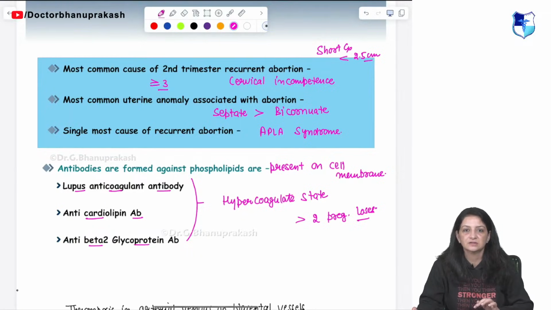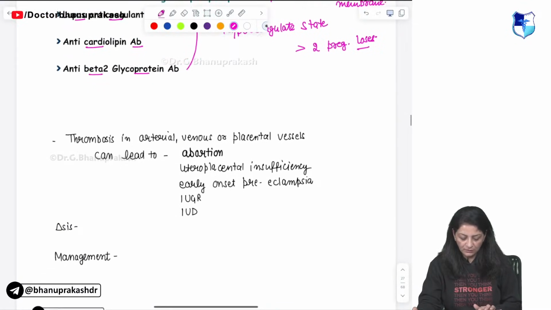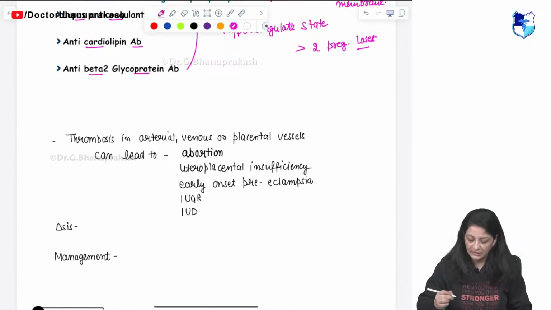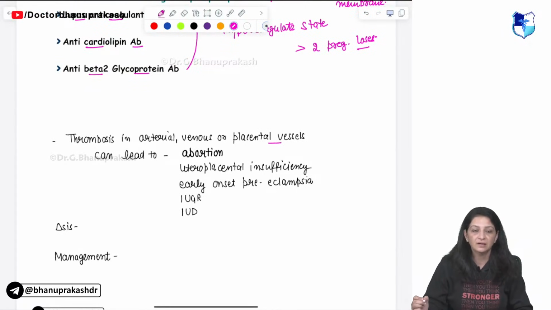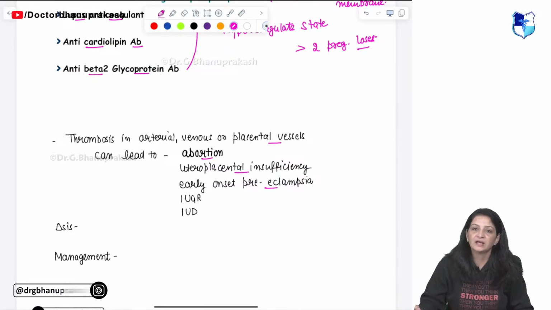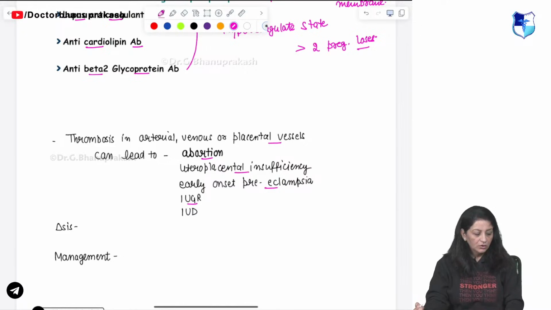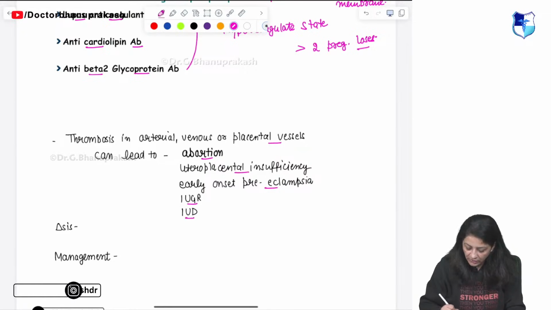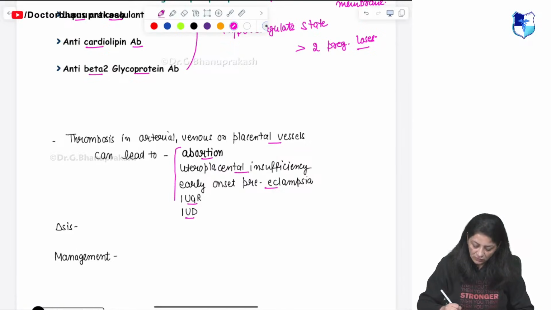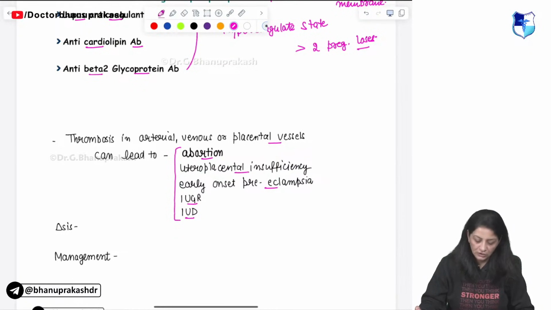Thrombosis in placental vessels, mainly spiral arteries, can lead to abortion in early stage, uteroplacental insufficiency, early onset preeclampsia, IUGR, intrauterine growth retardation and intrauterine fetal demise. These are the complications associated with APLA syndrome.